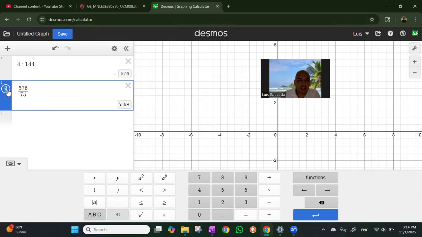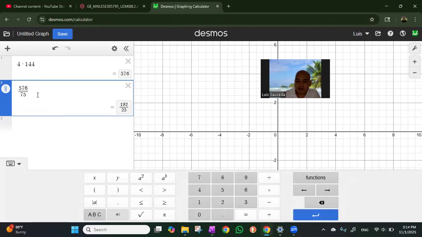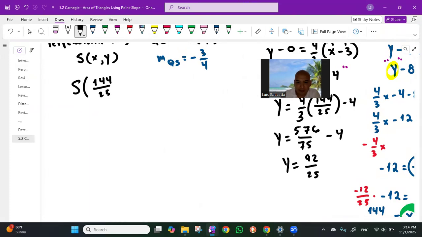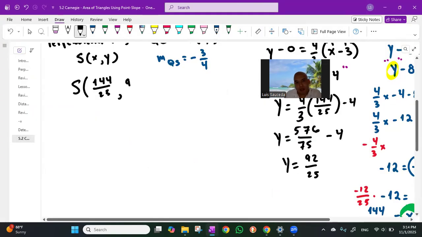If you click the circle on the left, it will reduce it. Not that it matters because you're still subtracting by 4, and it gives you the fraction for it. So your y coordinate is 92 over 25, if I'm not mistaken. Let me just check that again. Yeah, 92 over 25. And there you go.